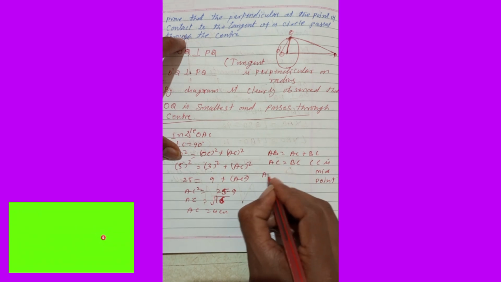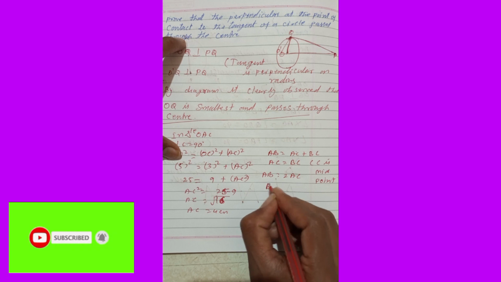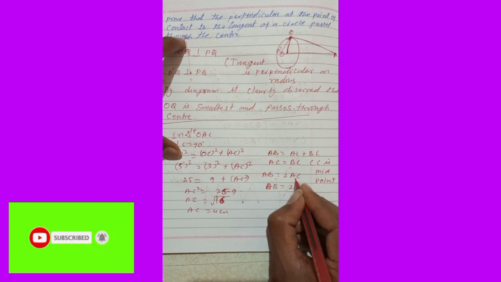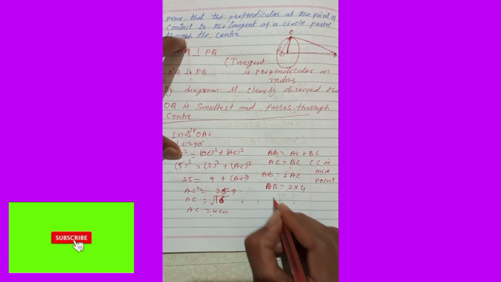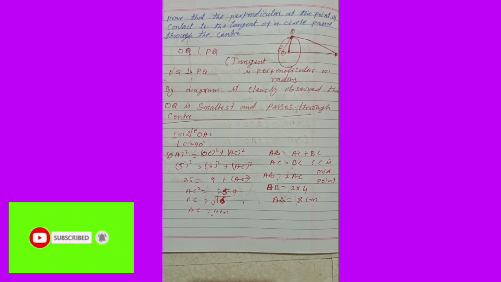So we can write AB is equal to 2AC. Then AB is equal to 2 into AC. How much did we get? 4 centimeter. So AB, the chord length, is 8 centimeter. Hence this is the answer. The length of the chord AB is 8 centimeter.